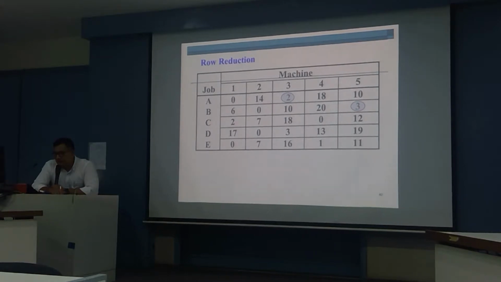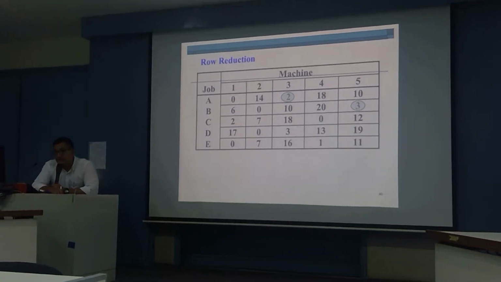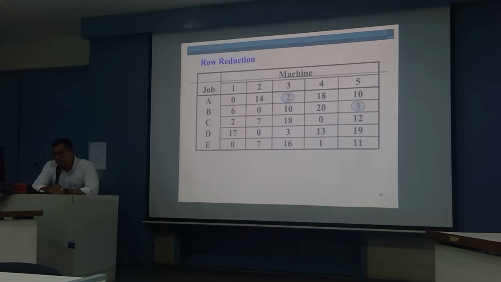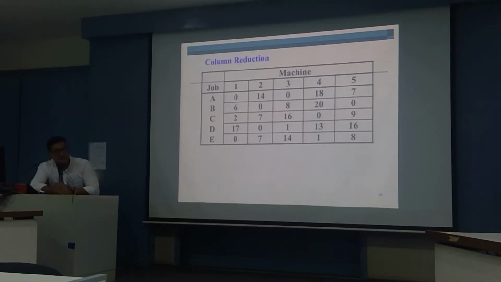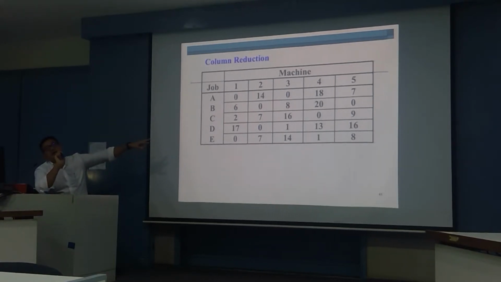Since for the first, the second, and the fourth columns the lowest value is 0, when you perform the column reduction you get the same values. So I circle just the third and the fifth columns, and then I subtract that number from all the values in the same column. So I have the result from the column reduction.